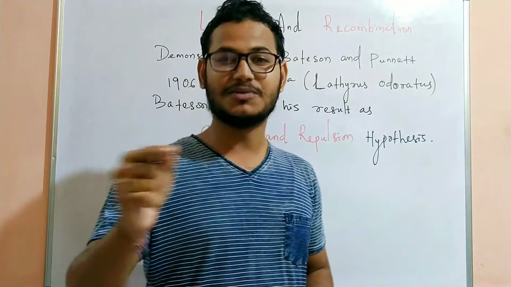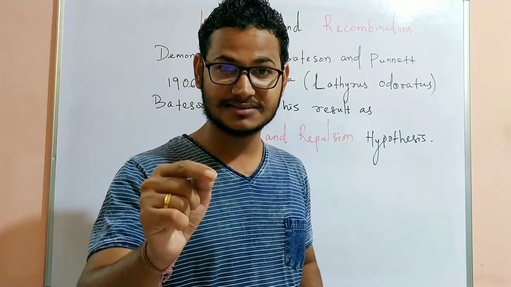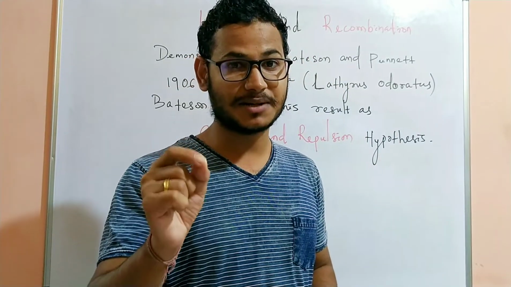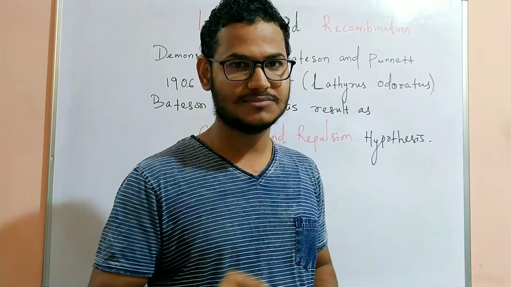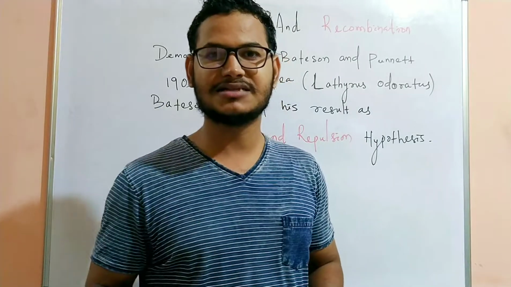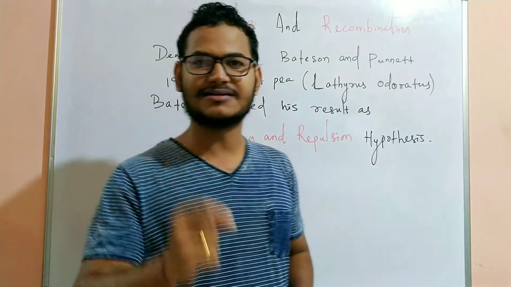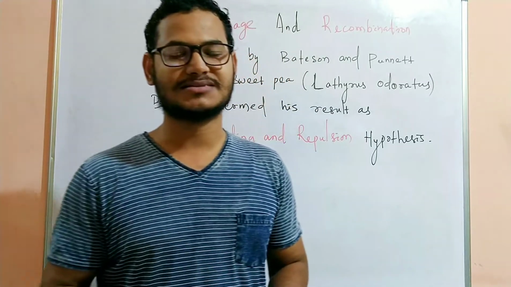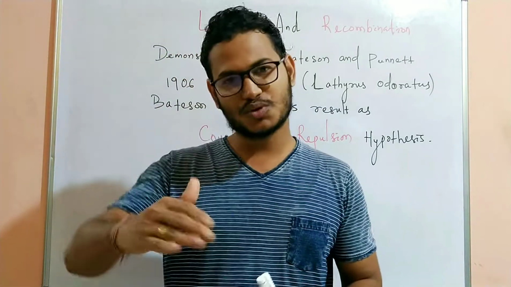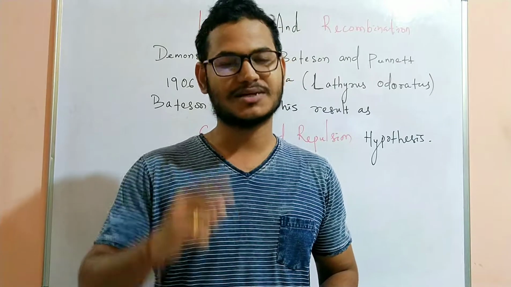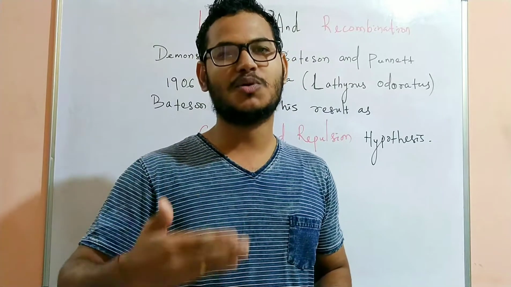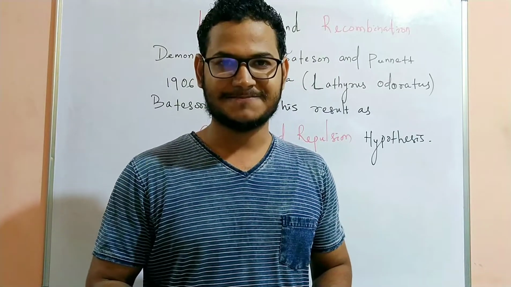And remember, we know it very well that the characters are present in the gene, and that is the reason why genes carry the characters from parents to offsprings, and the number of genes is more than the number of chromosomes. So a single chromosome carries more than one gene.